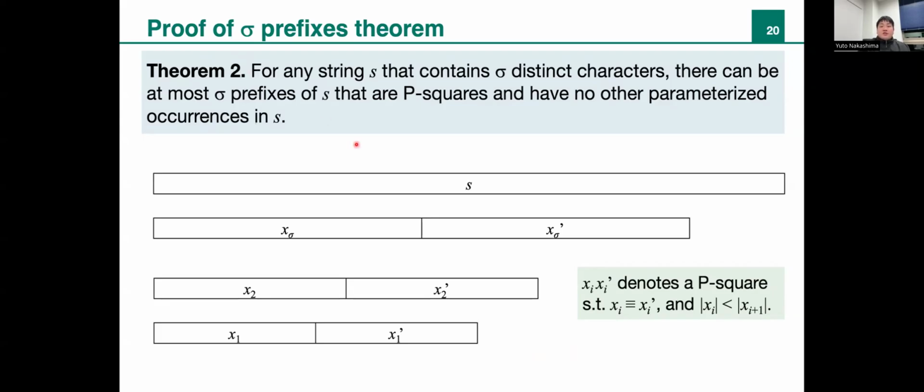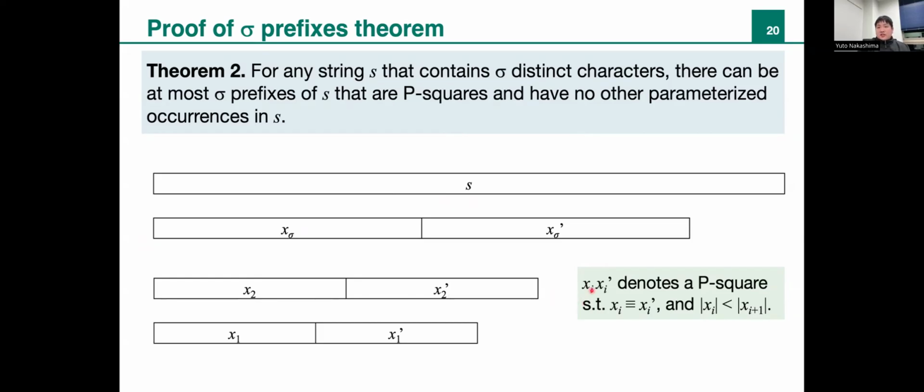We recall our main result: for any string S that contains sigma distinct characters, there can be at most sigma prefixes of S like this that are parameterized squares and have no other parameterized occurrence in S. So S has 1, 2, 3, up to sigma parameterized squares as prefixes.